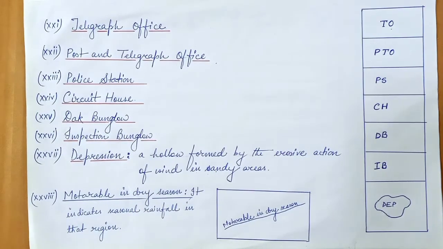This means when there is rainfall in a particular season, that particular cart track mode of transportation is not fit for motor vehicles, whereas in the dry season when there is no rainfall, it is fit for the vehicles to move over it. So these are the terms which we find in our topographical sheet.